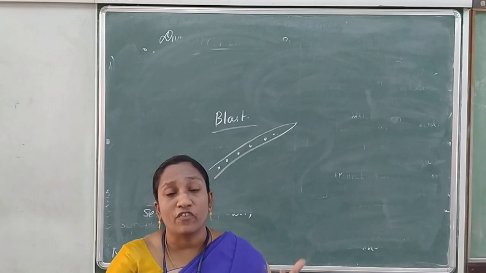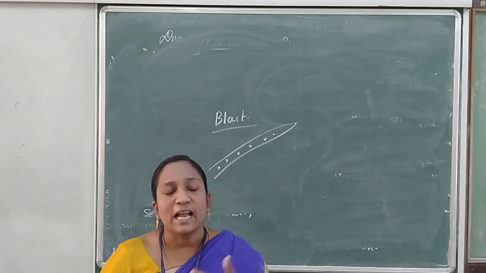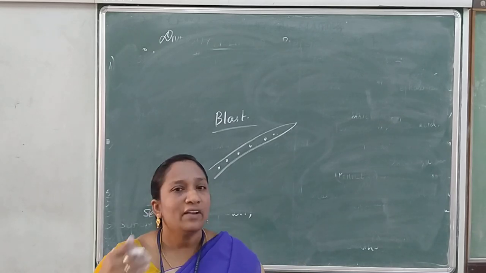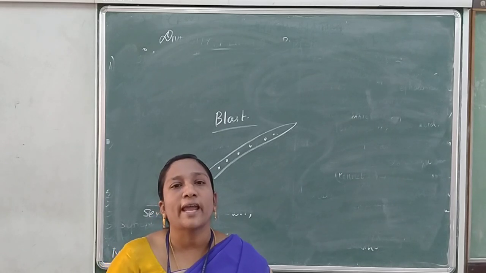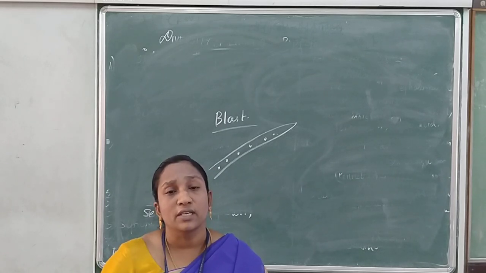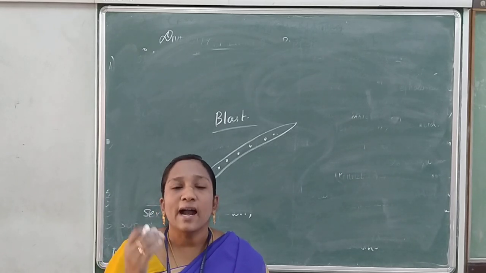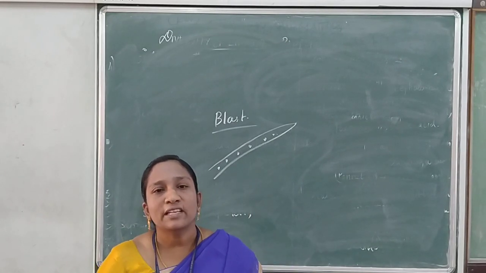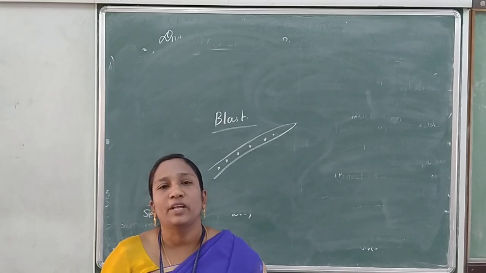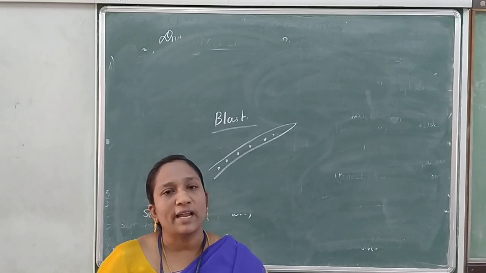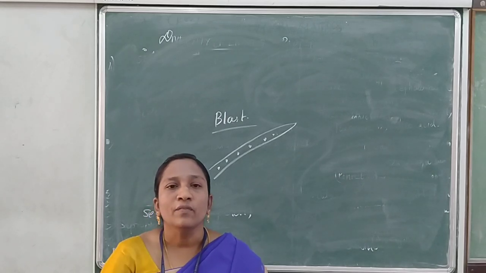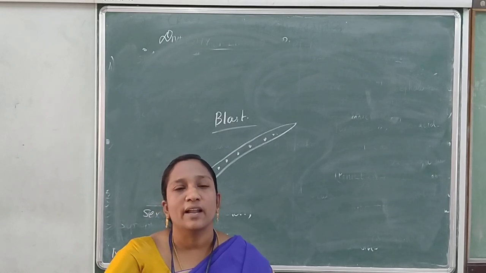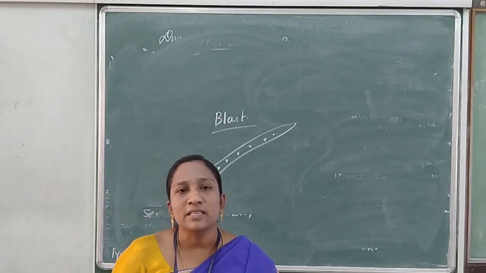We learned in detail about the morphological and physiological features of fungi and the classification of fungi. Then we learned about the economic importance of fungi, the harmful effects of fungi, and the diseases caused by fungi in plants and animals. In the next class we are going to learn in detail about lichens and mycorrhizae and some other benefits, uses and harmful effects of fungi. Children, thank you.